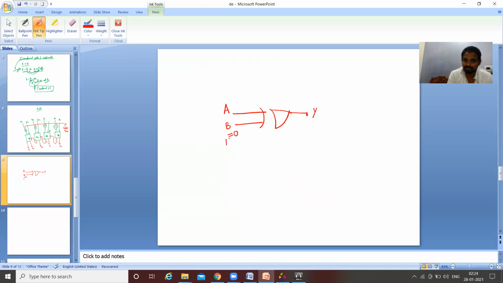Here the output of this exclusive OR gate depends on input A. If A is equal to 0, output is 0. If A is equal to 1, output is 1. So therefore, if one input of the exclusive OR gate is 0, the output is the same as the other input, which is A.